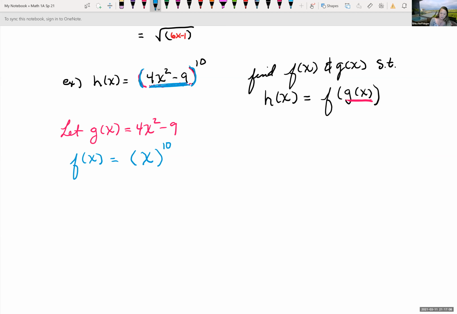And so now when we take the composition of the two, f of g of x, this is g of x raised to the 10th, or this is 4x squared minus 9, all raised to the 10th, which is our original function, h of x.